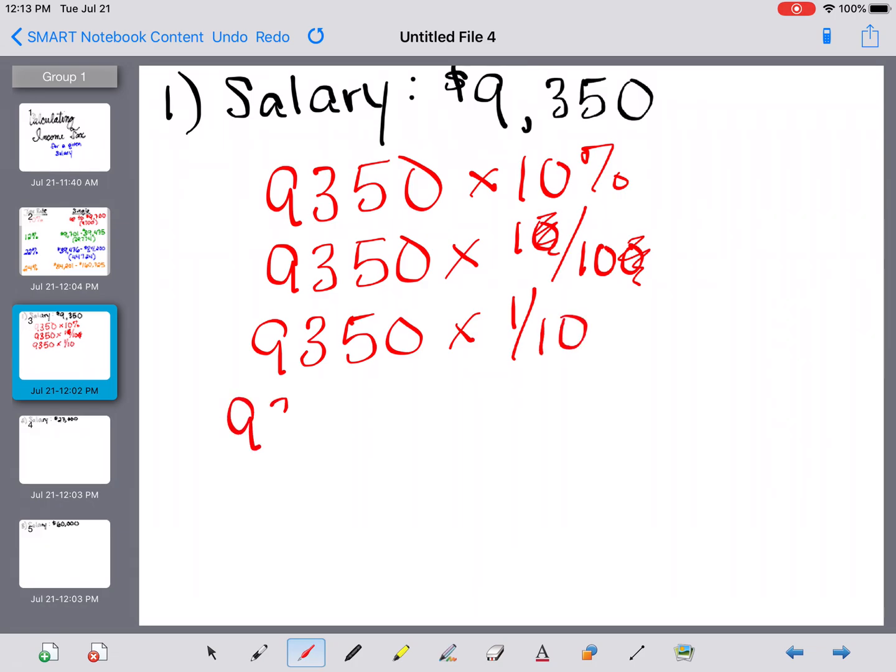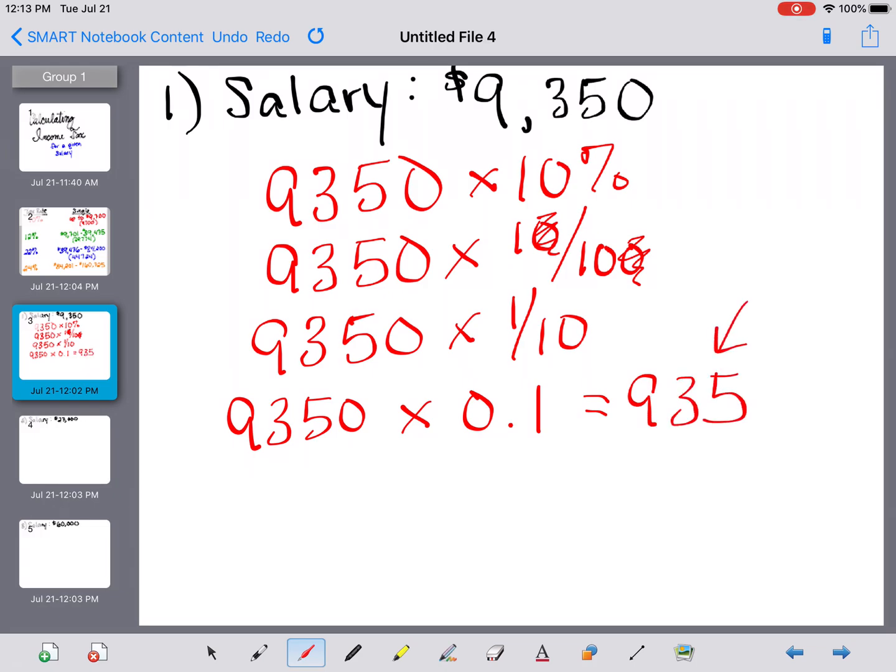So we have 9,350 times 0.1. And that will give us our answer as far as tax is concerned, which is just $935. Now that's how much the tax is.